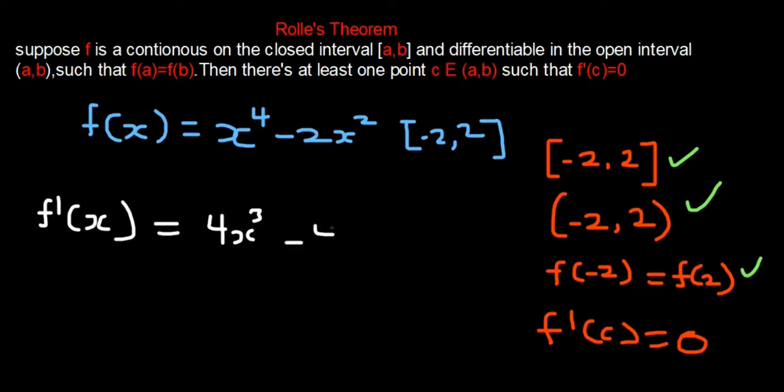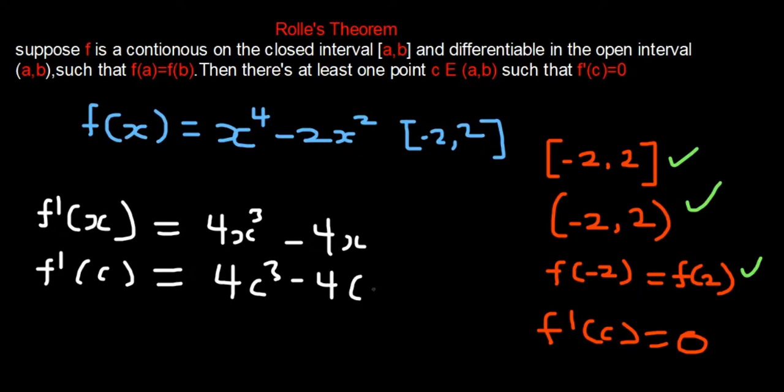So I'll get -4x. So there is at least a single point c where the derivative of the function will be equal to 0. So I'll put my c in this function, then I'll equate it to 0. So now I have to solve for c.